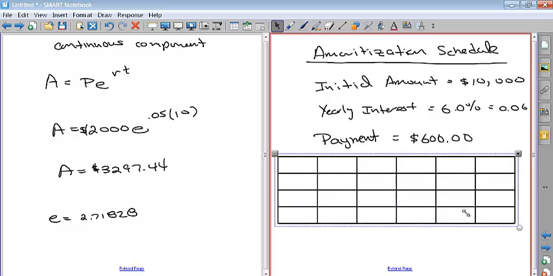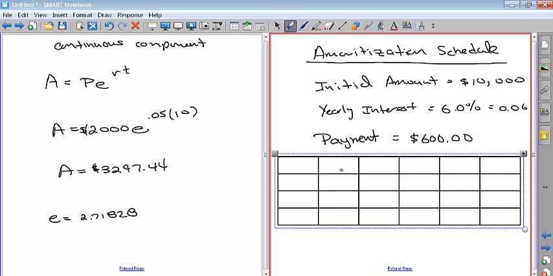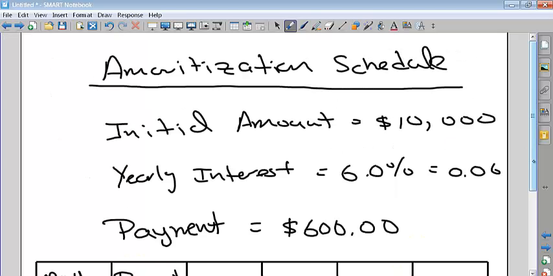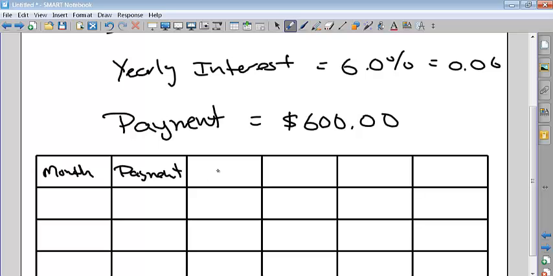So I won't fill it out, but you can put it on your cheat sheet. So you'll put month here. We'll put payment here. And what I'm going to do is put this on one page. Payments, let's say interest. We'll have, I'll say excess.